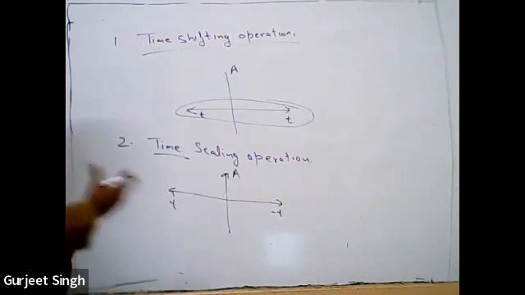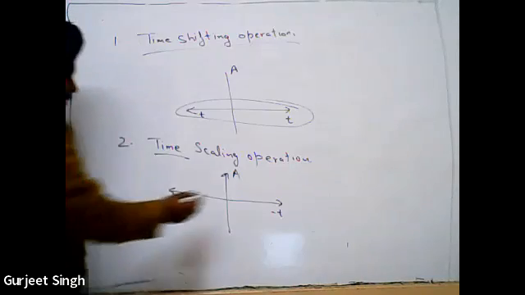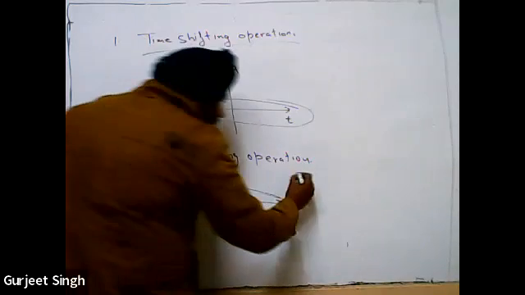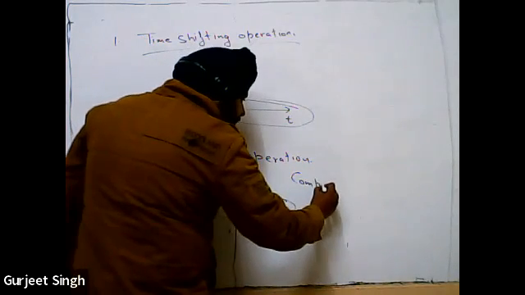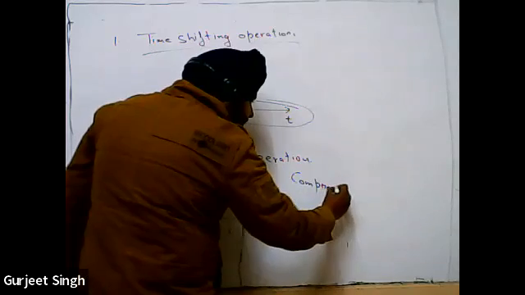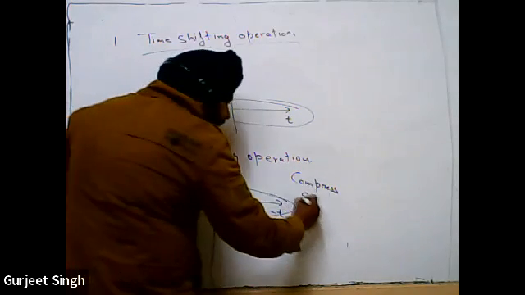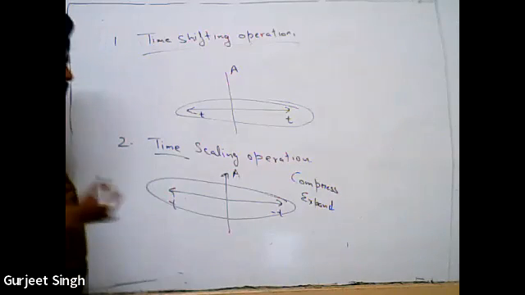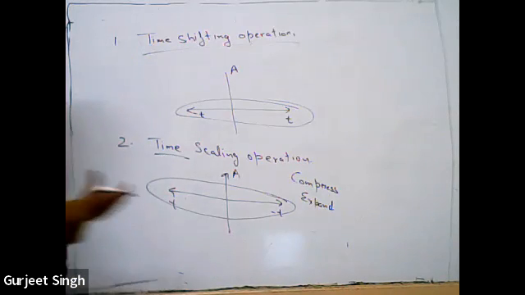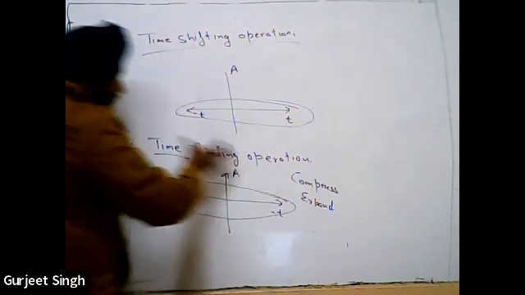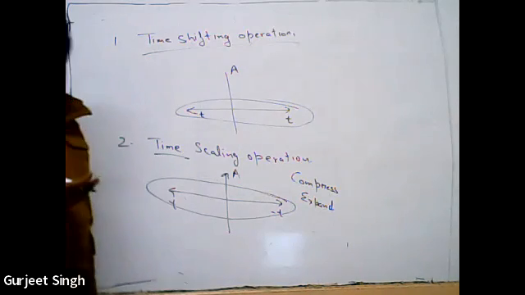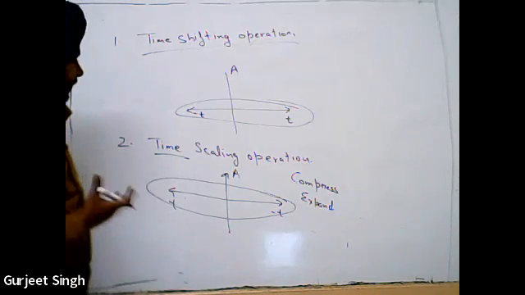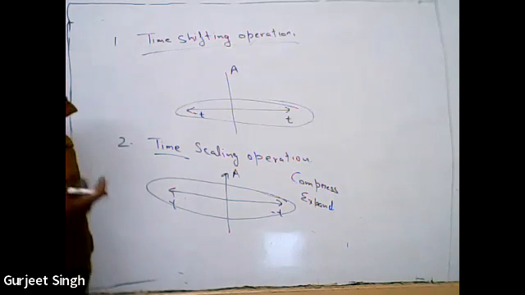Time scaling operation means either we compress the time or we expand the time. These two operations are again performed on the x-axis. This is the second type.